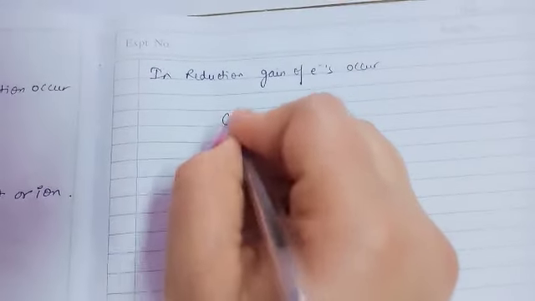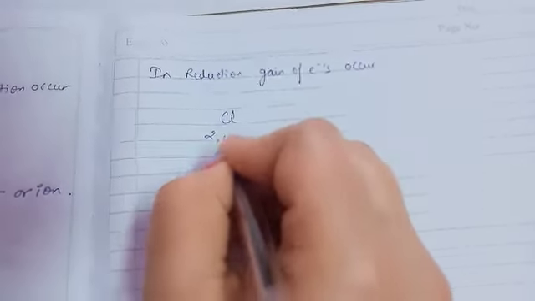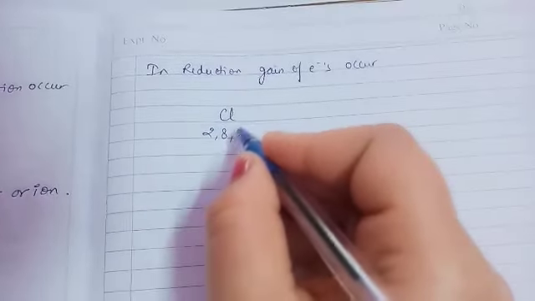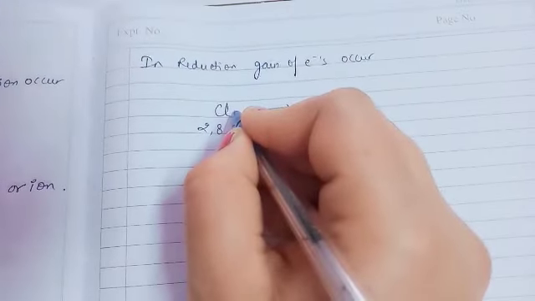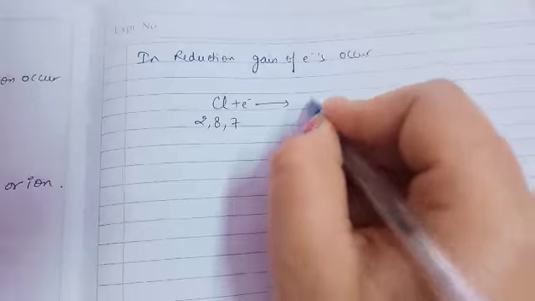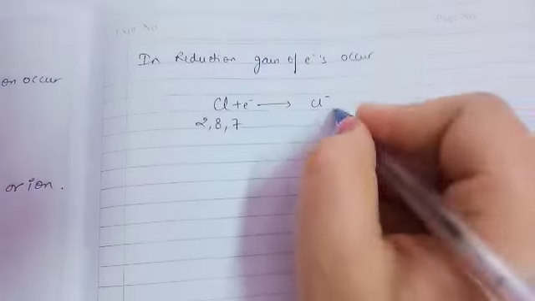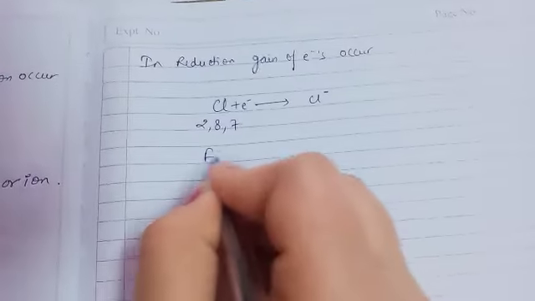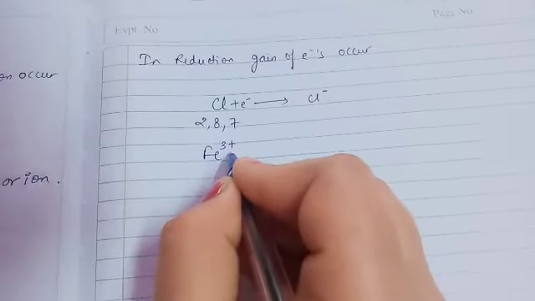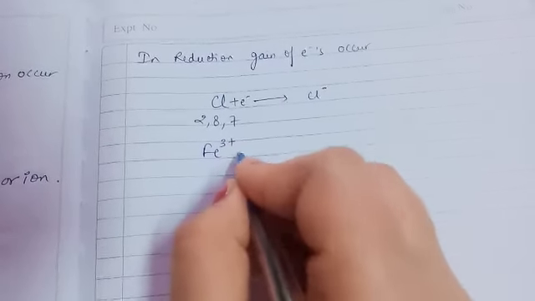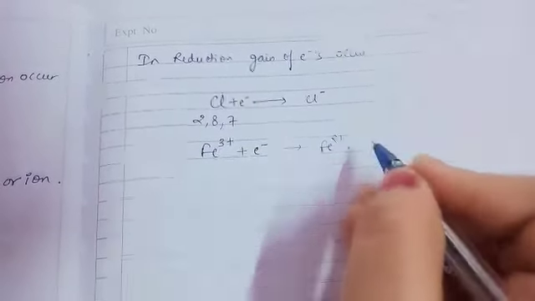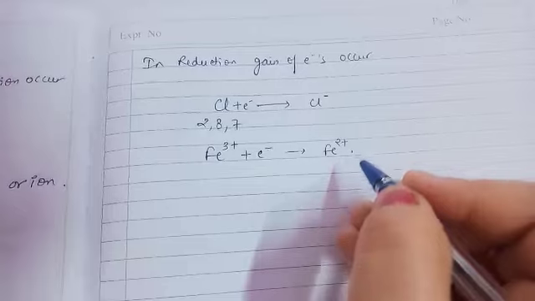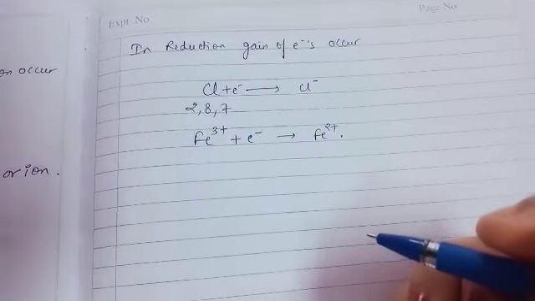For example, chlorine has electronic configuration 2, 8, 7, with 7 electrons in the outermost shell, meaning a tendency to gain electron. After gaining one electron, it becomes Cl negative. Next, suppose Fe3 positive, three electrons less. After gaining one electron, it becomes Fe2 positive. So this is all about oxidation and reduction.